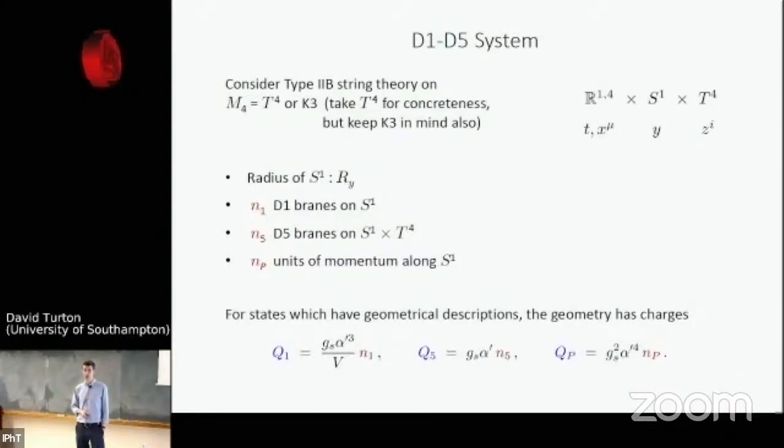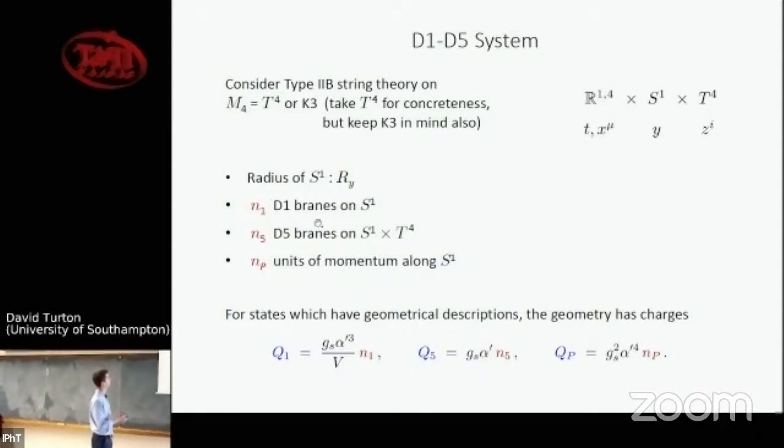So to be fully concrete, we're going to work in type IIB. I'm going to take a T4 compactification for concreteness, and we'll wrap N1 D1 branes on the S1, N5 D5 branes on the S1 times T4, and NP units of momentum along the S1 when we have 3 charges.